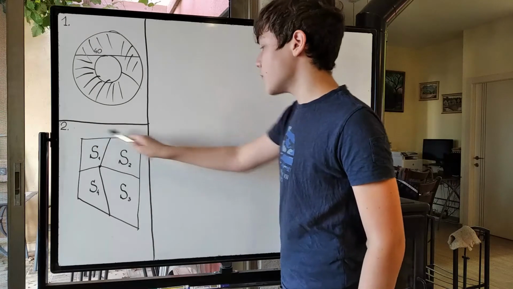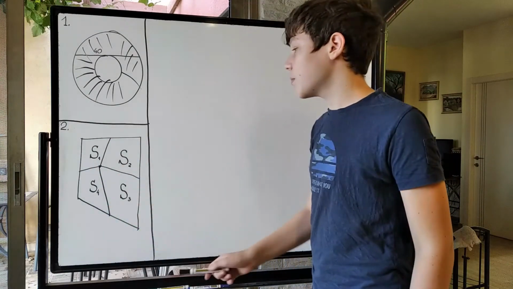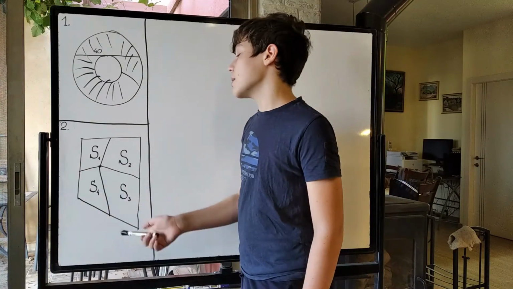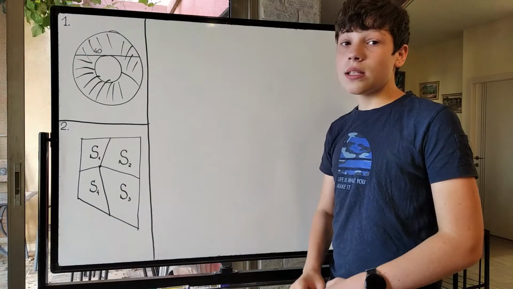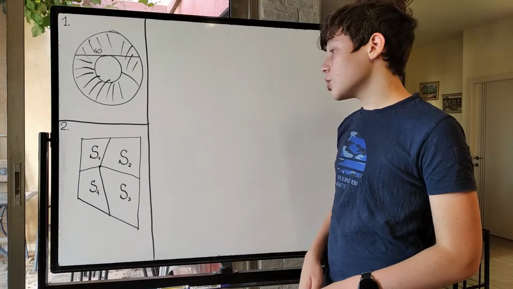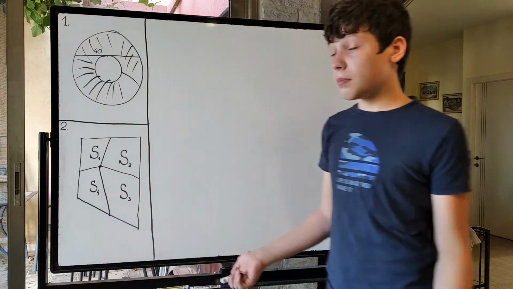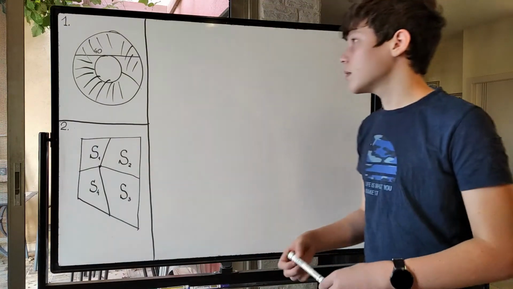So this is the center of this line, this is the center of this line, and so on for the other two. And we'll mark these areas as S1, S2, S3, and S4. The question is, what is the relationship between those four areas? There might not be one, but there is one, and we'll find it.